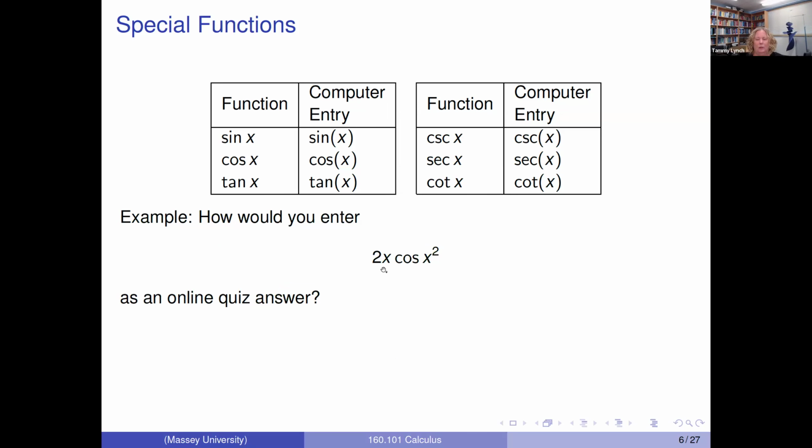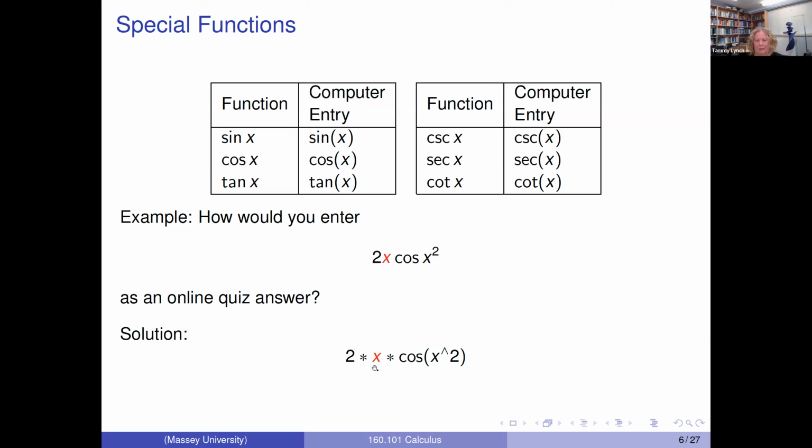So if I wanted to enter into my computer 2x cosine of x squared, we need to think about what this is saying. This is 2 being multiplied by x, which is being multiplied by the cosine with the input x squared going into the cosine. So I've got 2. We're multiplying that by x, so the computer needs this asterisk to tell us we're multiplying.